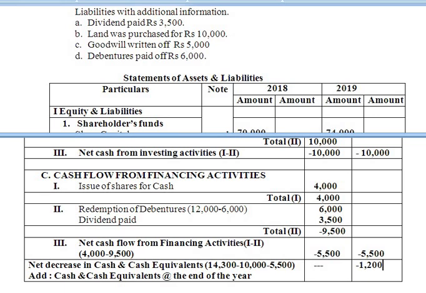1,200. Okay, so there is decrease in cash and cash equivalent. How much decrease in cash and cash equivalent? 1,200. Okay. Now here add cash and cash equivalent at the beginning of the year.